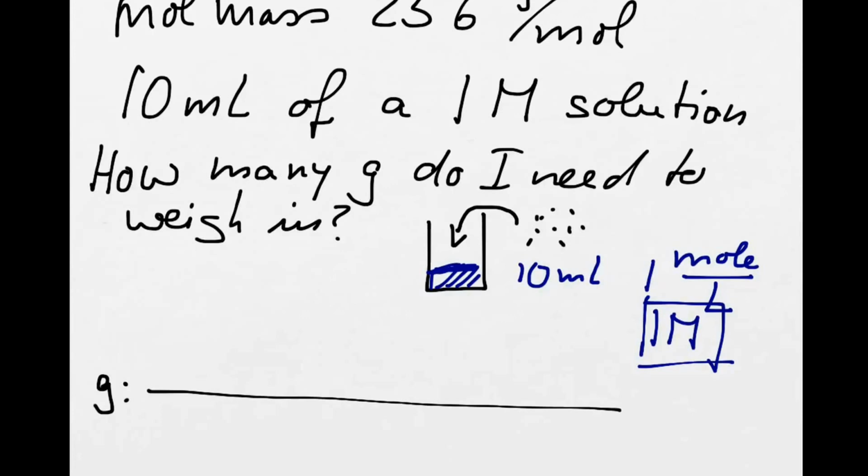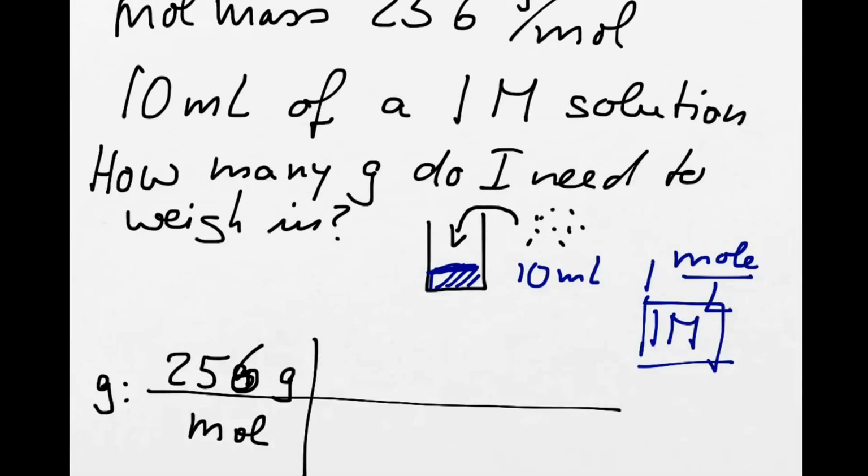Do we have anything where the unit grams is apparent? 256 gram per mole. Yeah? We have grams in the right position. It's on top of the line.